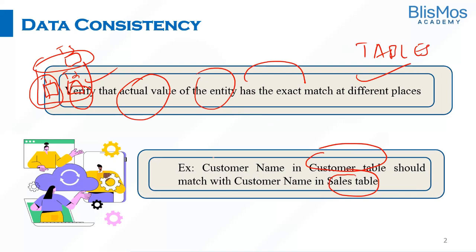If you have a customer name column in the customer table and also in the sales table, the name of the customer should be the same in both tables, right? That is what we call data consistency. We need to validate whether the data is consistent across the different entities in a schema or in a database.